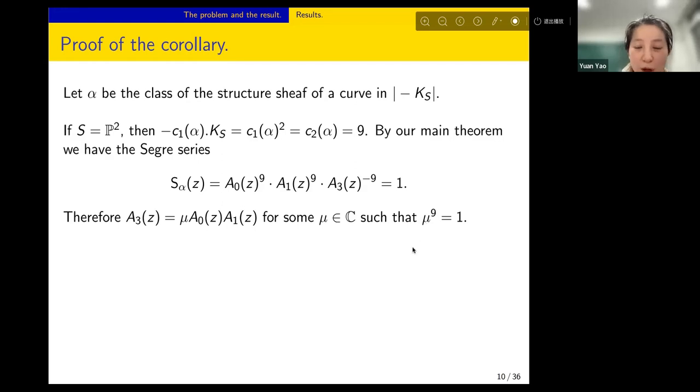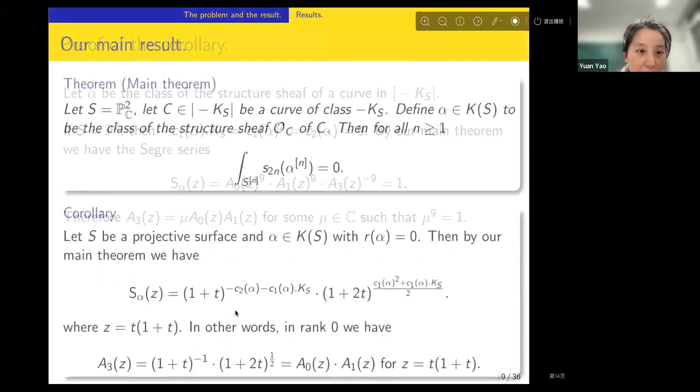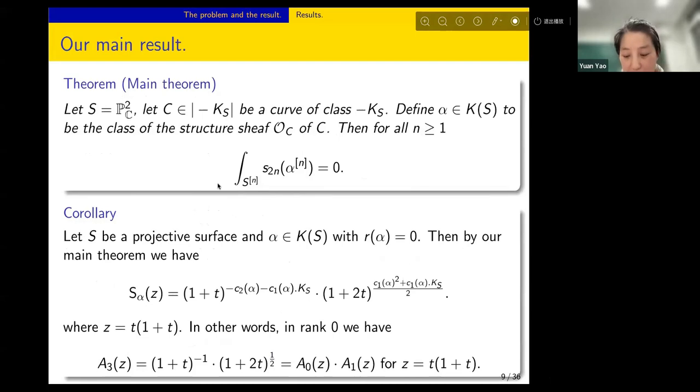But this mu should be 1, because this starts with our power series beginning with 1. That's part of the theorem actually. So we have the final statement, which proves their conjecture. Okay, so that's our main theorem and it implies their conjecture.